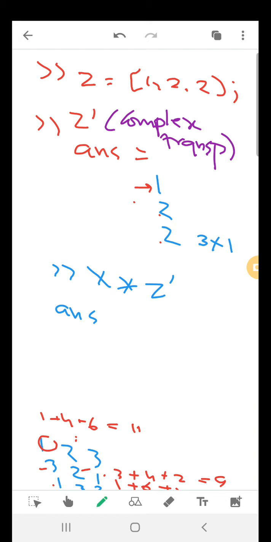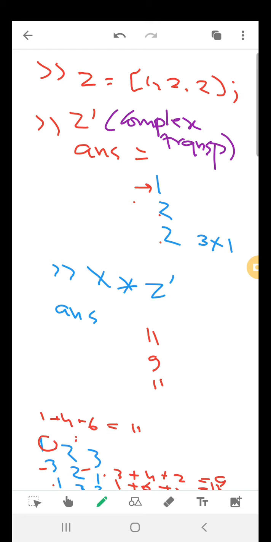So again this becomes equal to 11. I think my calculation is right. So the answer becomes 11, 9, 11. So this is the answer.